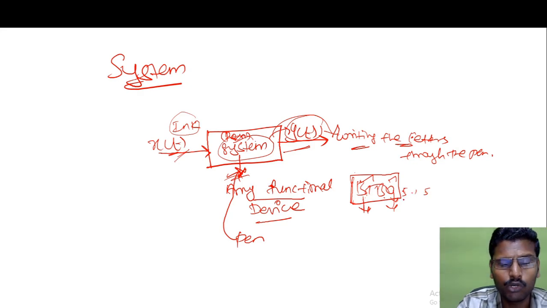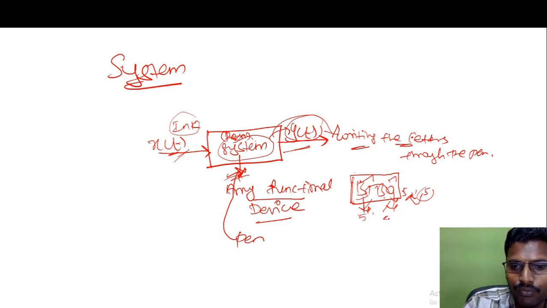Or 10 input or 10 output, for example. The output will depend upon the input, but in the other category, we will have bounded input but different output, right? In that category, we will have 5 input and many outputs, or outputs less than the number of inputs, right? So this is the basic definition for system.